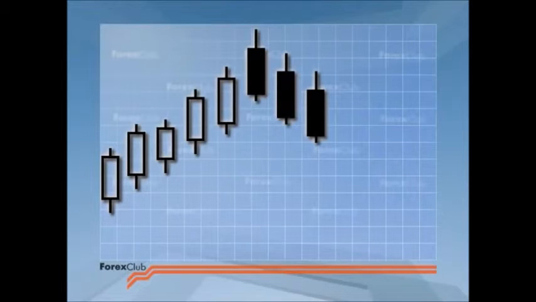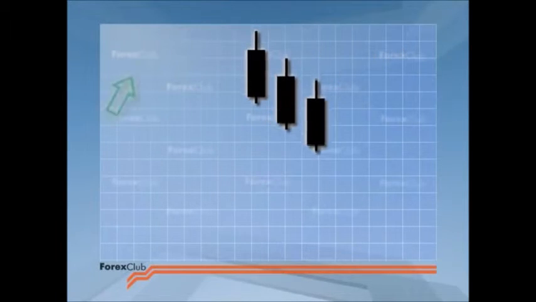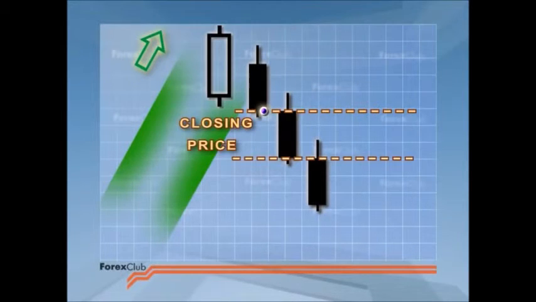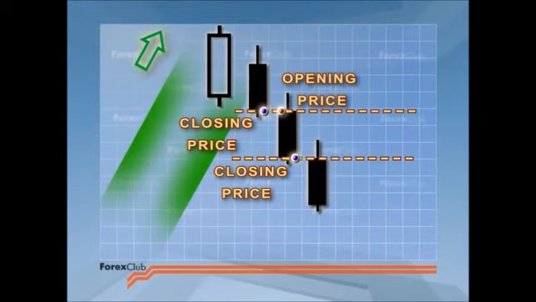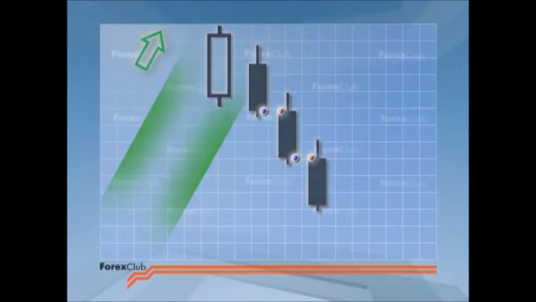Traditionally, the second and third crow should open within the body of the previous crow, and each crow should close beneath the previous one's low. But on the Forex market, we can accept the pattern when the second and third crow opens at the previous candle's close. This pattern is stronger if the first candle closes below the previous white candlestick's body.